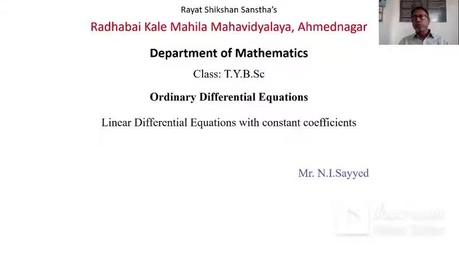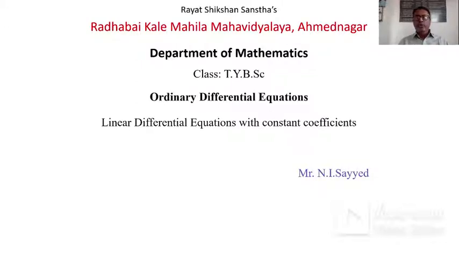And for that purpose, we have seen the two theorems. Theorem 1: if f of a is not equal to 0, then 1 upon f of D operating on e to the power ax is equal to e to the power ax upon f of a. You have seen this is the first theorem.